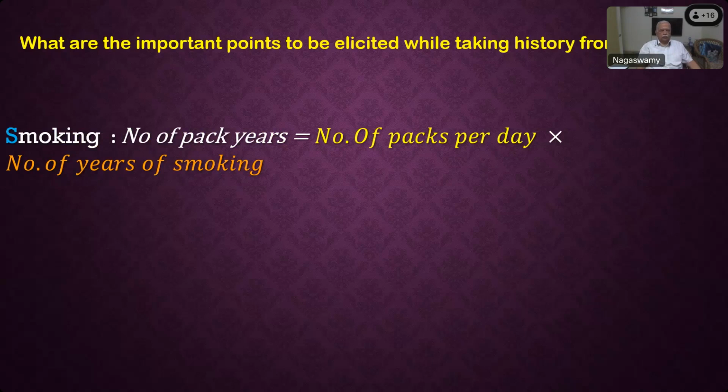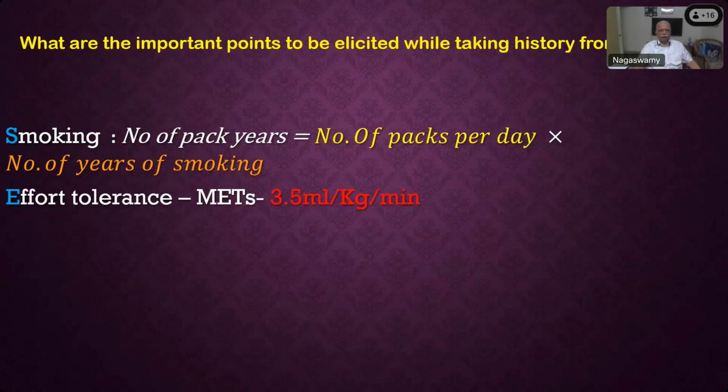On history of smoking, you should ask how many cigarettes he smokes. The common question they ask you is, what are the number of pack years? The number of packs per day smoked multiplied by the number of years of smoking gives you the number of pack years.